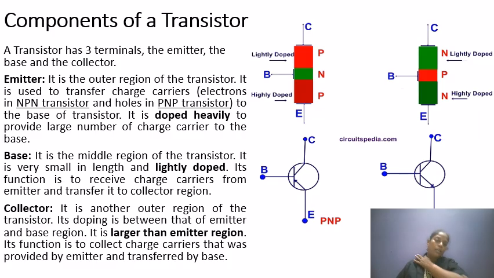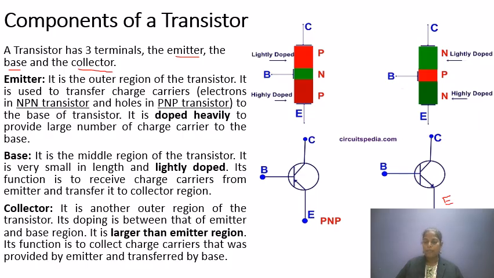Next, what are the components of a transistor? We already said two diodes are sandwiched back to back, so we have three terminals. What are the three terminals? Emitter, base, collector. In the case of a diode we don't have such names; we only have the P region and N region. But here we have three regions, so we term them emitter, base, collector. From the symbol, if the arrow is outside, this portion is emitter, base, collector.